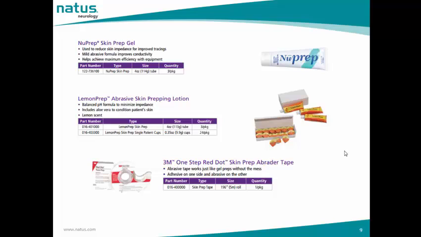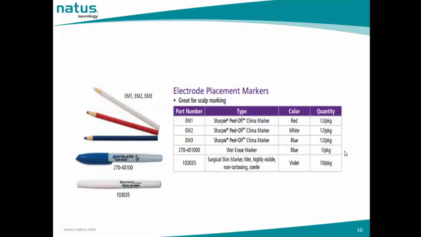Abrasive skin gel should be used, and this gel can remove the dead tissue and the dust particles. And here are different types of abrasive skin materials. China markers or electrode placement markers should be used to locate our channels on the scalp. And here are different types of those markers.